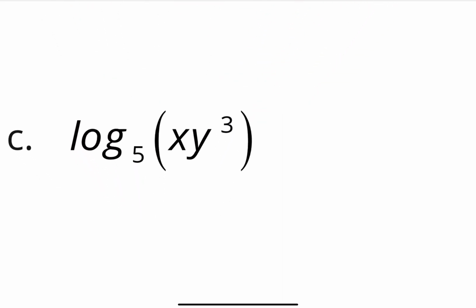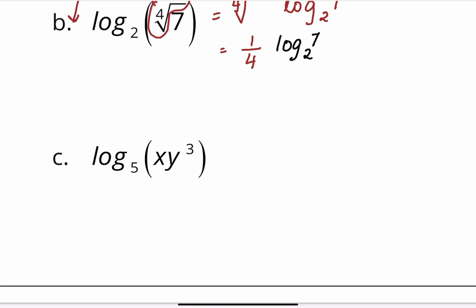Now let's go ahead and see what happens in the next one. Oh, wait a minute. This one has a multiplication in here. Do you see that? There is a multiplication right here. So as soon as you see multiplication, it becomes addition. Single log becomes double log, base 5 and 5.